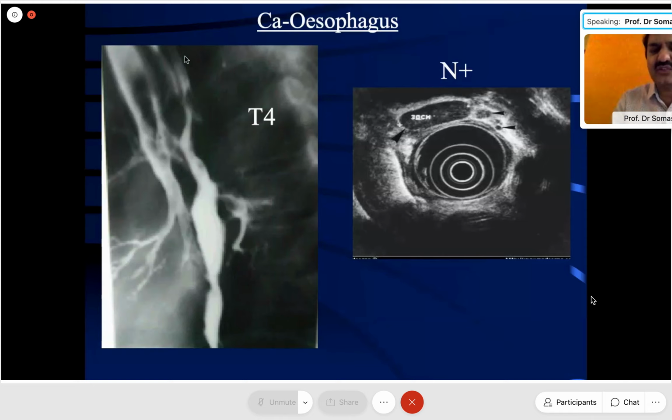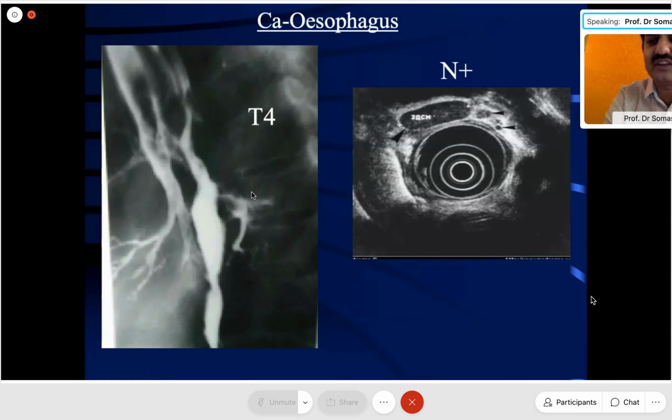If a case of CA esophagus comes at presentation with tracheoesophageal fistula, they are non-curative and palliative. If you do a barium swallow either with CT or simple X-ray and there is an axis deviation in esophagus, axis deviation means the barium comes here, then it makes a hairpin turn and comes. Axis deviation in CA esophagus, they are not operable. Always they are involving the bronchus and aorta.